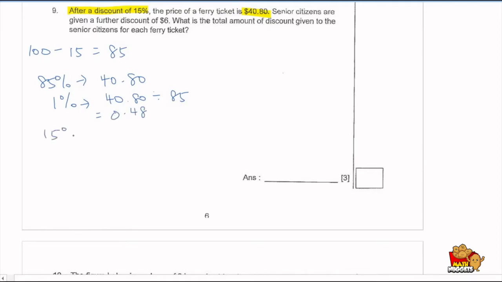I'll get 15% to find out the regular discount given, times 15. This is $7.20. And for seniors, there's an additional discount of $6, which makes it a total of $13.20.